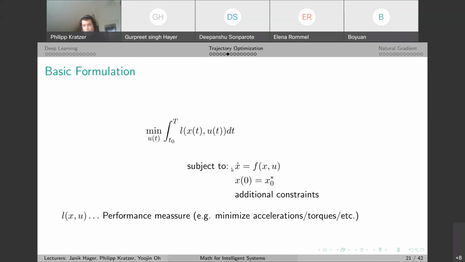We want to subject this to the following things: that our dynamics equation, our dynamic system equation, is still fulfilled. We have an initial condition where we start, and we have additional constraints that come from our task, like we want the pole to be balanced upright. And yeah, so L is the performance measure. It could be minimizing accelerations, torques, or other costs that are assigned with the states or controls.